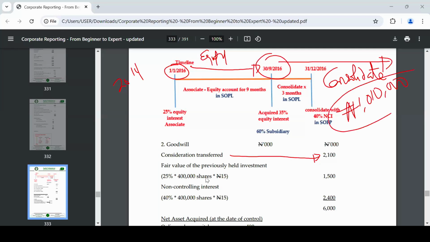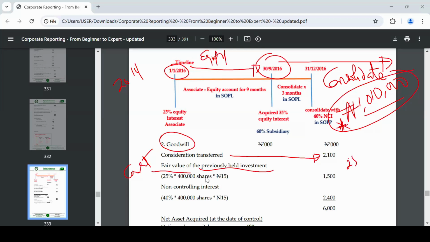By this, I am only referring to the historical cost. As a matter of fact, for us to calculate the carrying amount, I still need to add profits. But that's not what I need here. What I need when I want to calculate goodwill is the current fair value of this previously held investment.